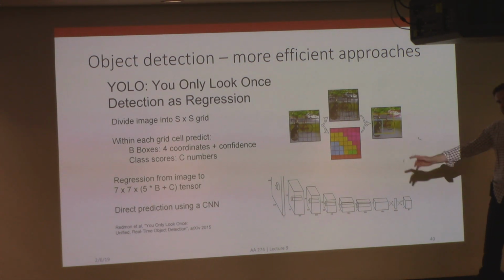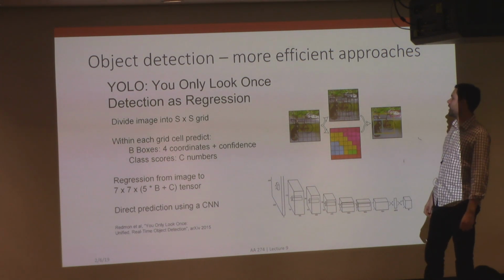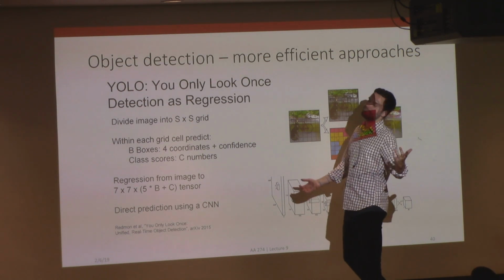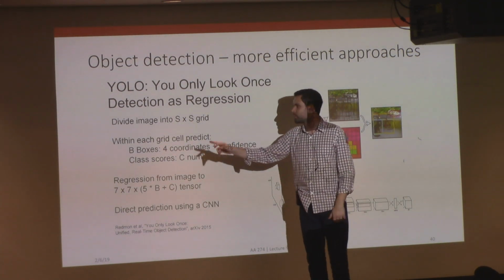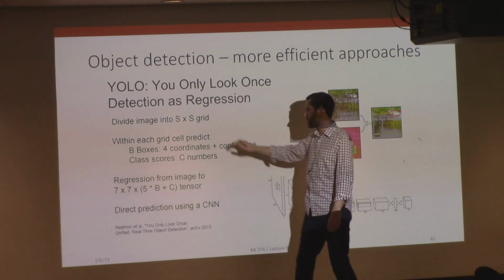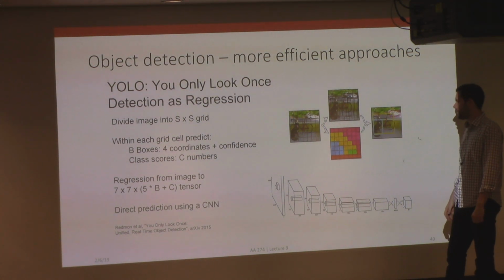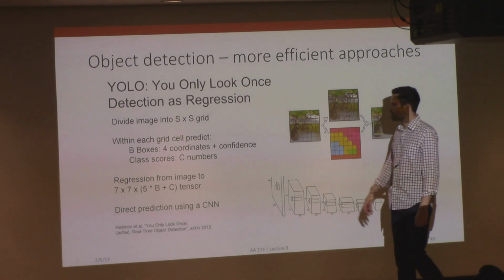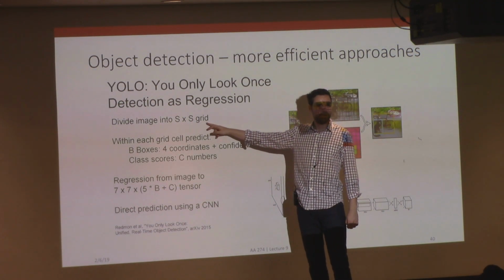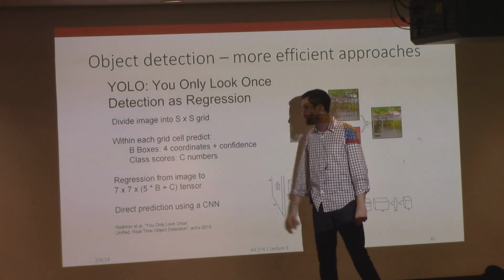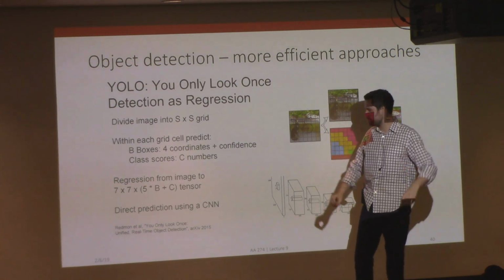Now, somewhat recently in 2015, there was another architecture type, which is even more efficient. It's called YOLO, You Only Look Once, and basically, it's framing detection as regression. I don't want to step too much through it, but basically, you divide the image into fixed-size grid cells, and within each of the grid cells, you're doing this double-headed CNN.